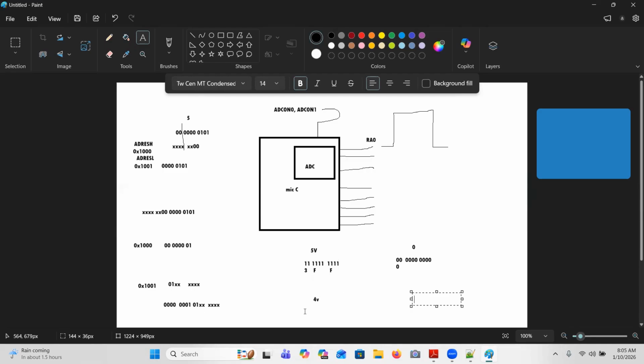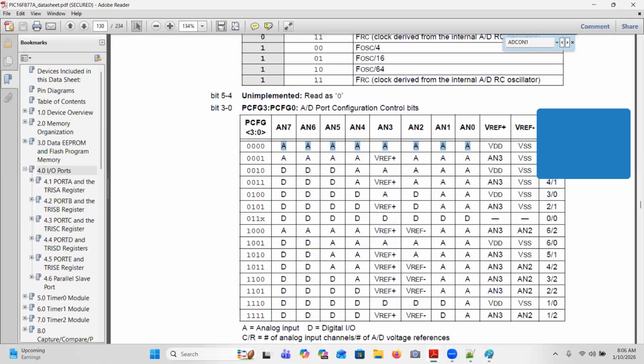So when I supply 4 volts in that particular pin, they convert that into 3FF because I define the maximum voltage. Yes, sir. When I supply 0, they will represent it as 0. So if the value is in between 0 and 4 volts, I will get the value in between 0 and 3FF. But here it takes by itself. The supplied voltage to the microcontroller is considered as VREF+, that means the maximum voltage to be considered. 0 voltage is considered as VSS. So here only I am supplying the maximum voltage.